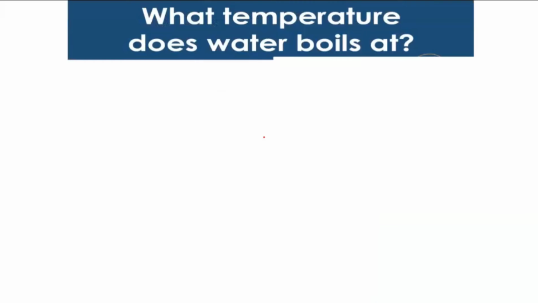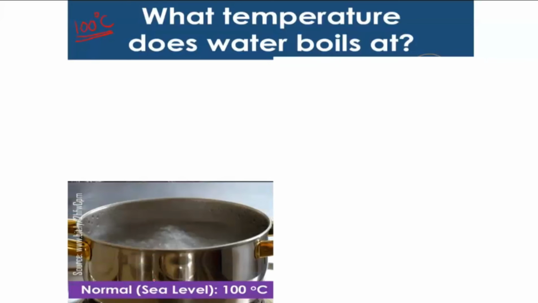Now if you go to different places, you will see that water boils at different temperatures. Everyone knows the temperature at which water boils: 100 degrees Celsius. But this is not the same in all cases. It is 100 degrees Celsius at normal sea level, on the earth's surface, because you have one atmosphere pressure, 1 atm.